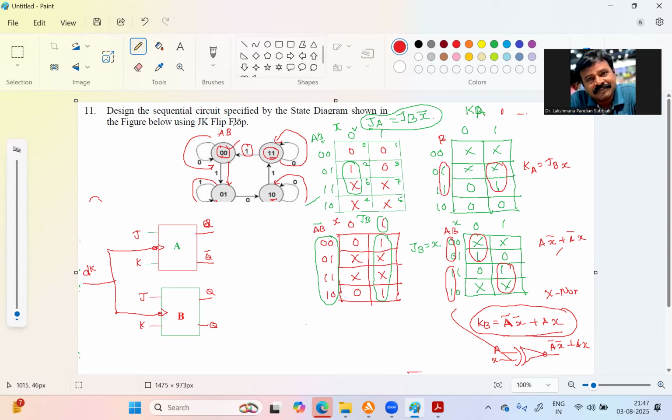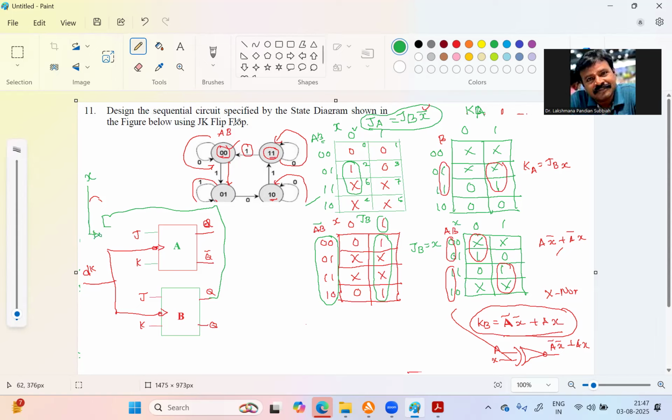Now here, how do you do that one? JA equal to JB X bar. So one input we are getting is X. So if this is a clock, then here one input is X input. Now here we are having JB X bar. So you take that one as this B flip flop J, and then here we are having X bar.